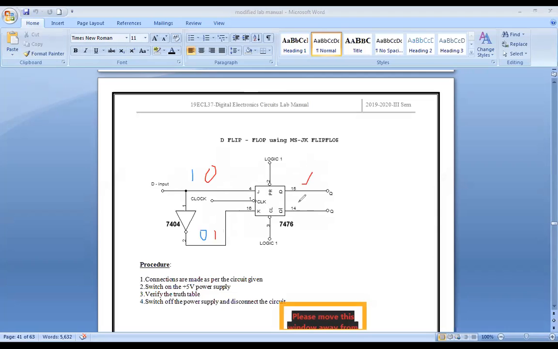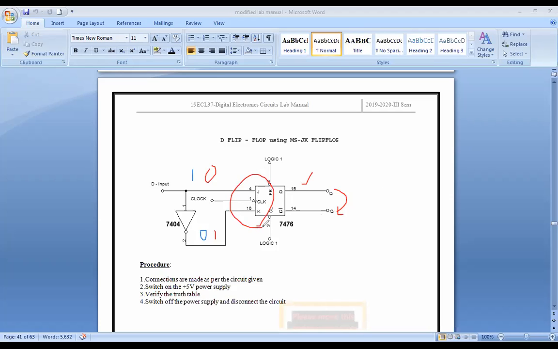And of course, you know that your Q and Q bar are complementary to each other, isn't it? Yes, sir. So the final output you will get from pin number 15 and pin 14. The only changes that you are doing is to the initial setup here.